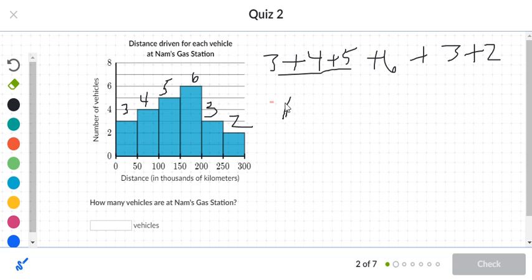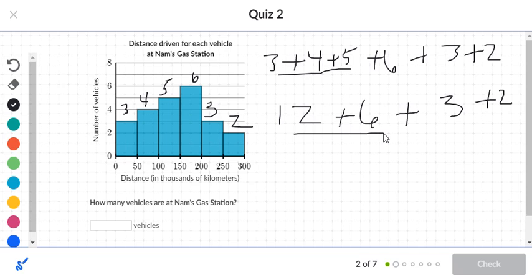So we'd start off with 12 here and say 12 plus 6 plus 3 plus 2. Well, 12 plus 6 is 18. And then 18 plus 3 is going to give me 21. So now we have 21 plus 2 would give me a total of 23 vehicles.